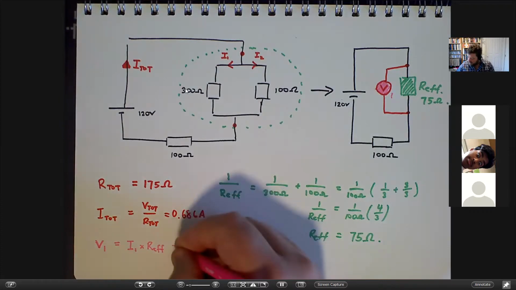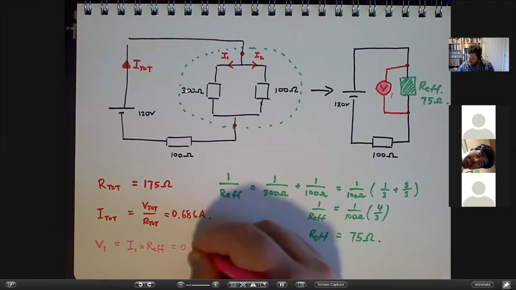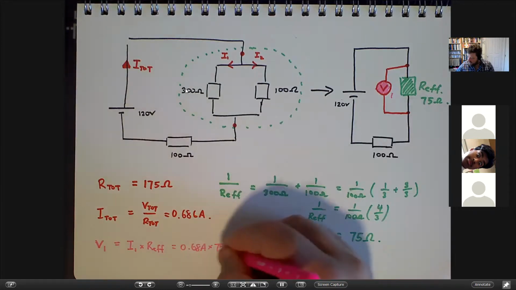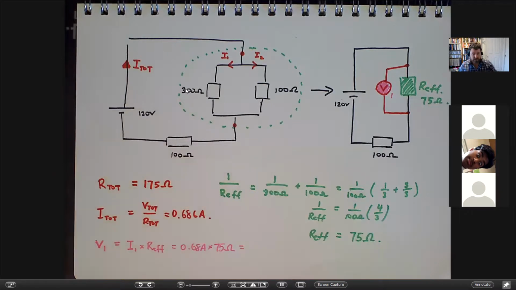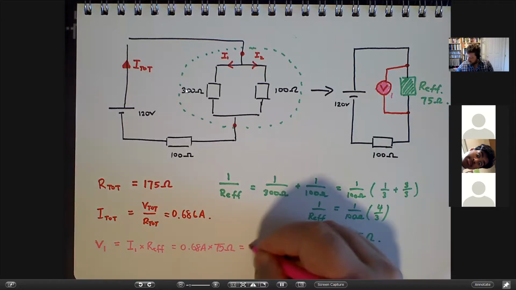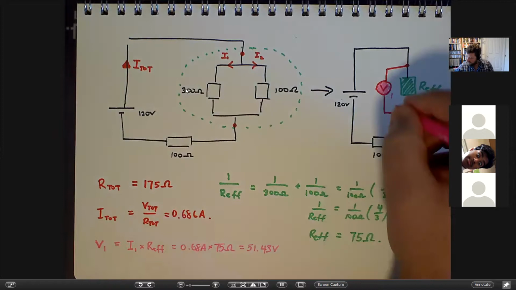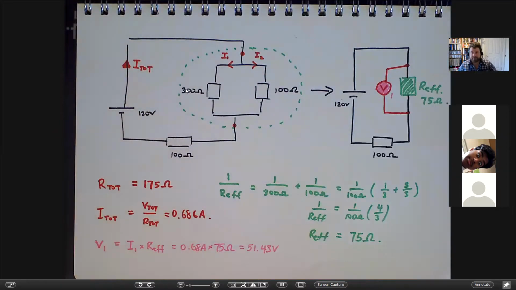So this is going to be 0.68 amps times 75 ohms equals 51.43 volts on V1 there.